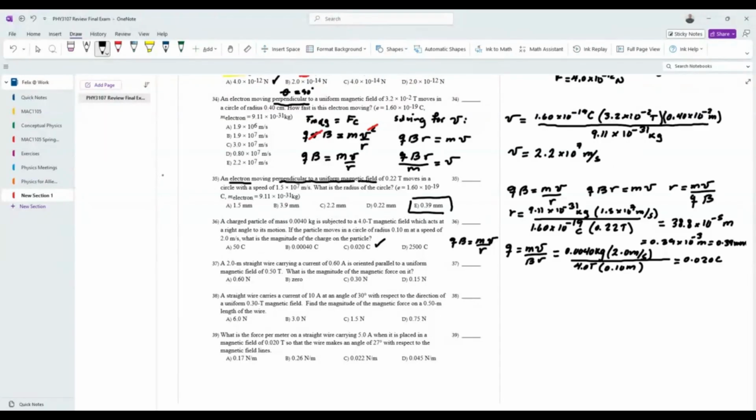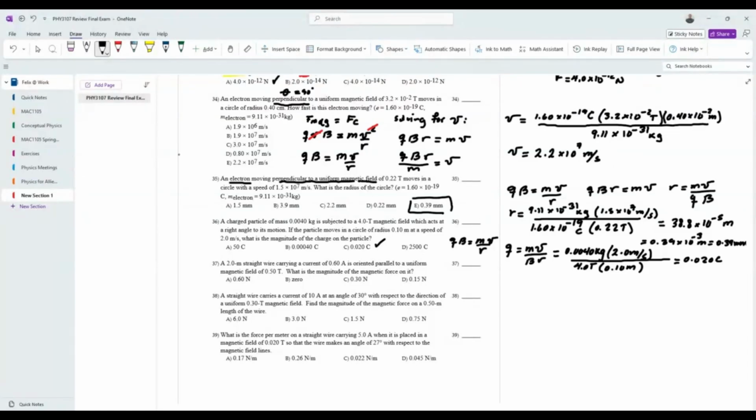And then this particle will follow a circular path. If it's perpendicular, it will follow a circular path. If it's not, then it will follow a helical path, right? And then we can just calculate different quantities based on that.